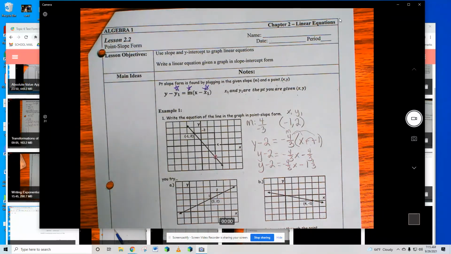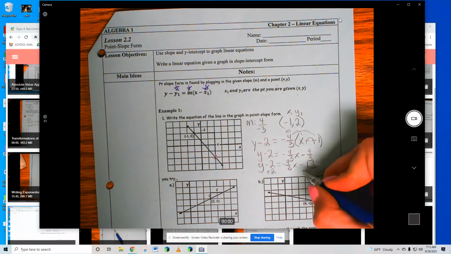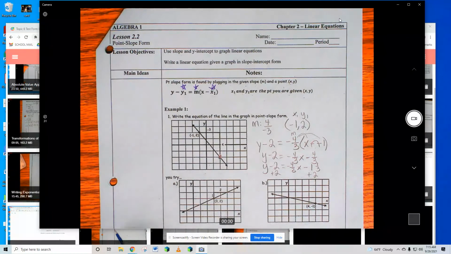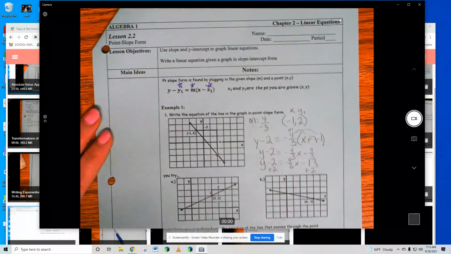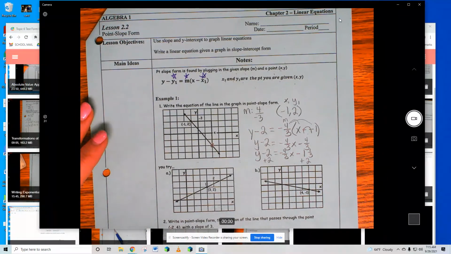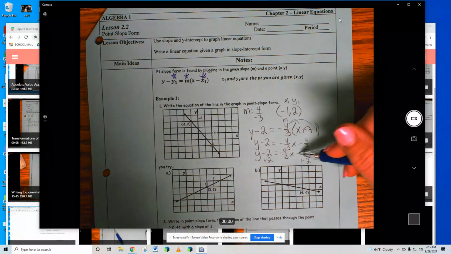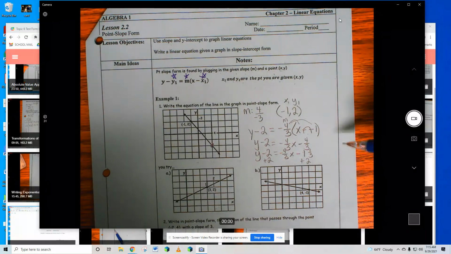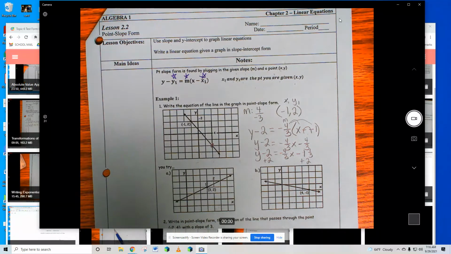Because now I need to add 2 to both sides. My job is to get it in y equals mx plus b form. -1 and 1/3. I'm in debt. -1 and 1/3, and I add $2. Let's do it like that. How much do I have now? I'm in debt $1.33. 1/3 is like 33 repeated.